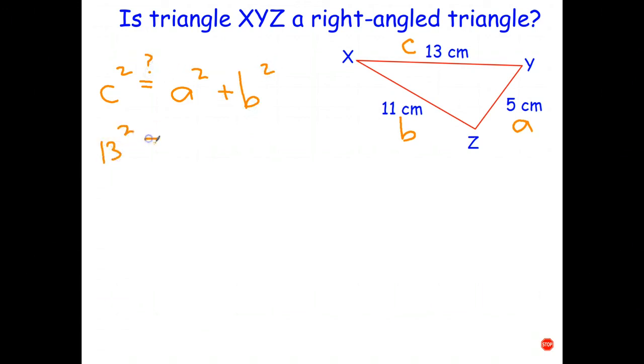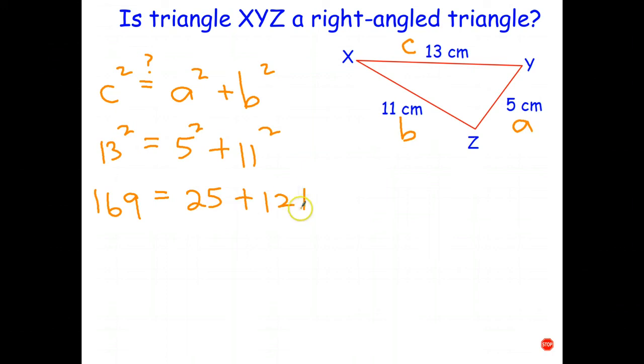Substitute. 13 squared is 169, 5 squared is 25, 11 squared is 121. And again, we have to keep the question mark there because we're not sure if this is true yet. Well, 120 plus 20 is 140, 5 plus 1 is 6.